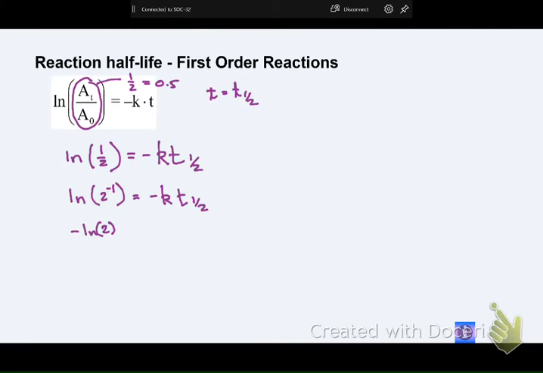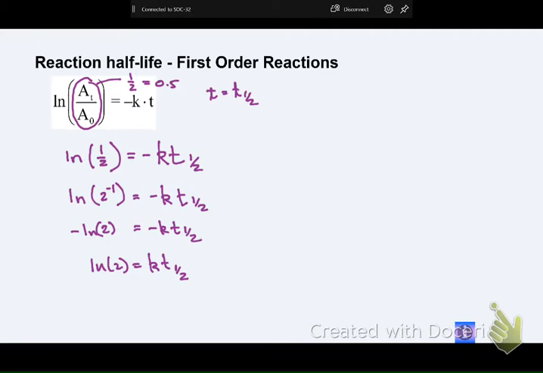Pulled the exponent out, brought it in front. So now I have, what can I do with the minus signs? They cancel, right? So I can get rid of them. And so I can say natural log of 2 is equal to kt 1/2.